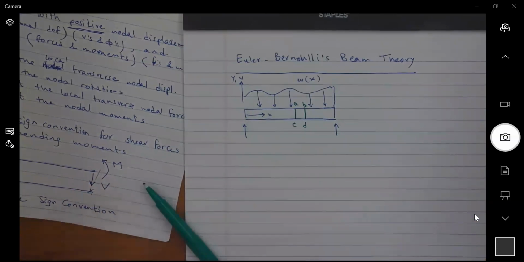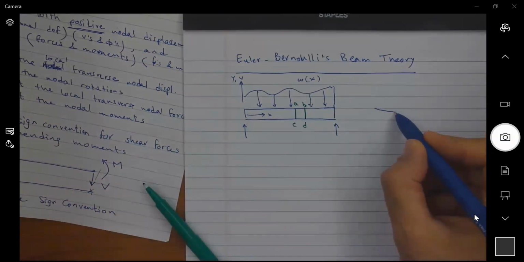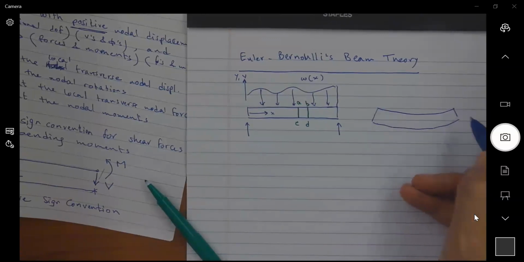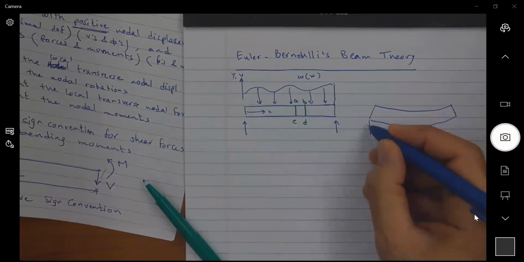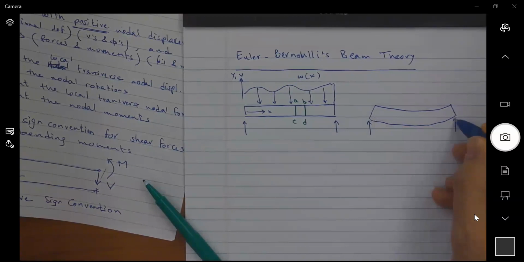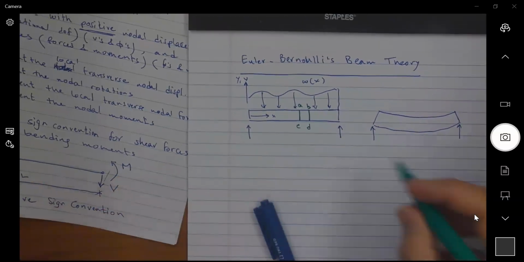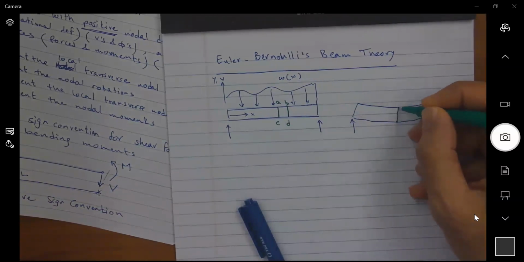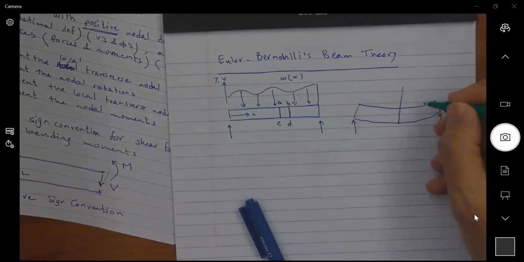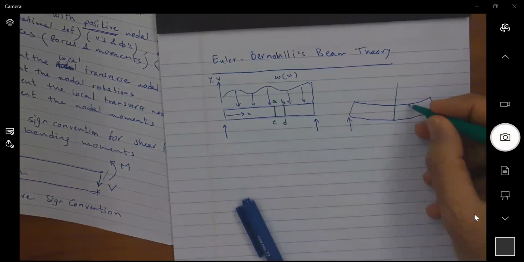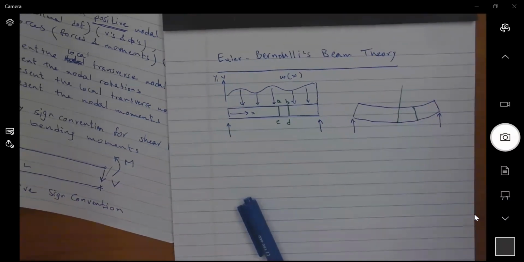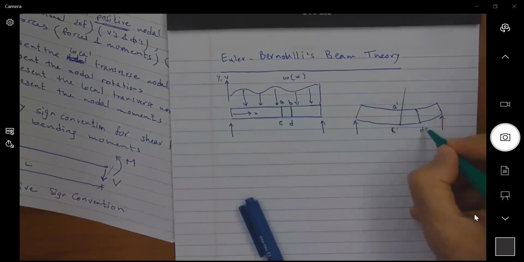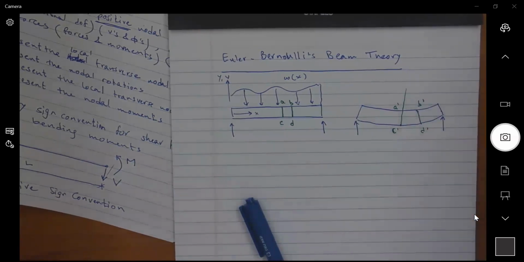As a result of the load, the beam will go in bending. Now, if I look at my infinitesimal element, after deformation, the A will become A prime, C will become C prime, D will become D prime, and B will become B prime.